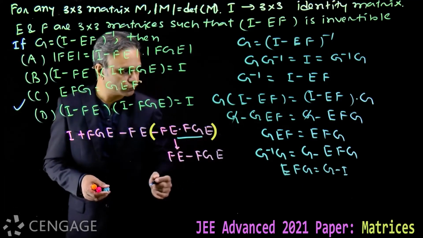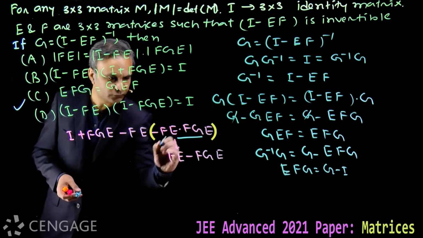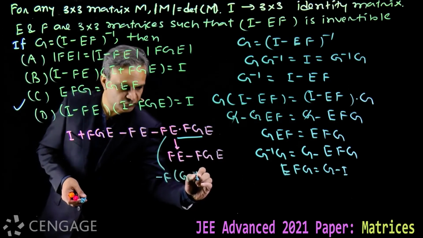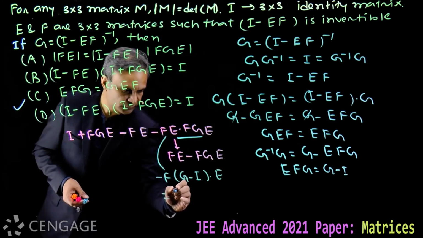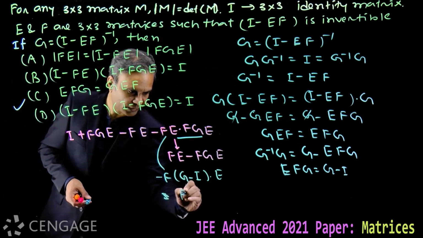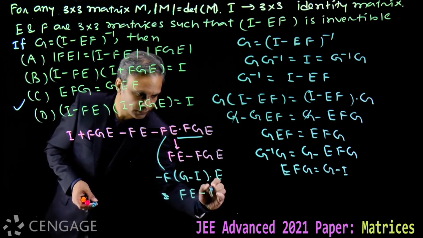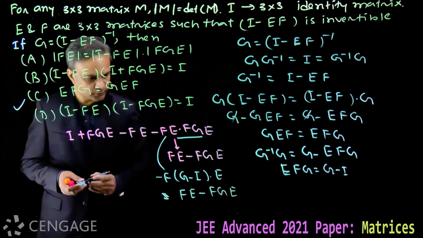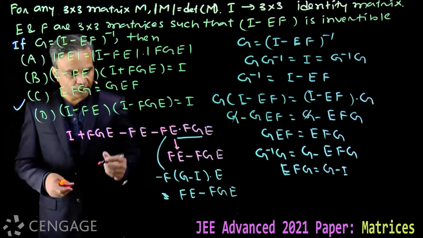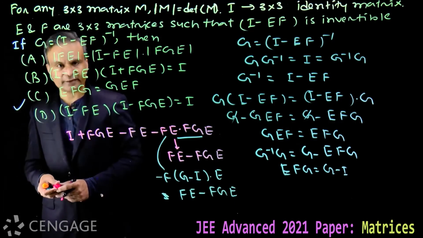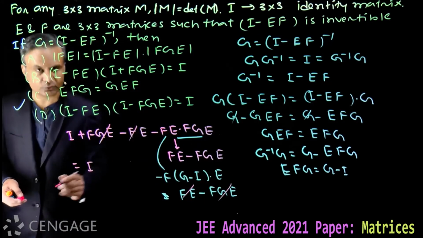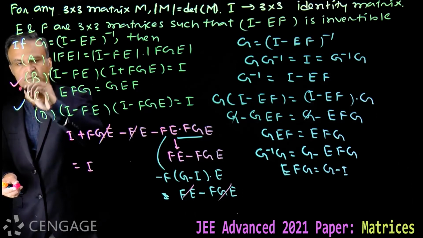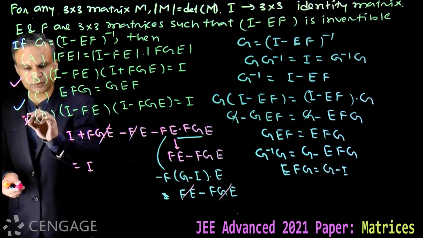We get F into (G minus I) into E. Okay, this will be FE minus FGE. So here FGE and FE get cancelled out. Okay, so we get this product is equal to I. So option B is correct and option D is not correct.